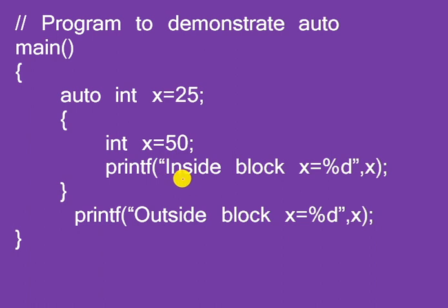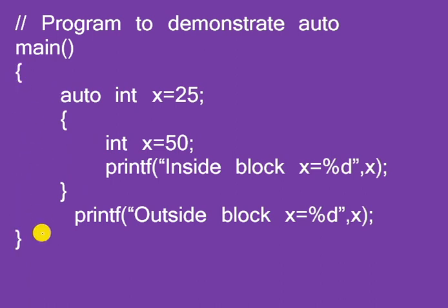This belongs to the auto storage class. If you try to print this x value inside the block, you will get 50 as output. If you print the x value outside the block, you will get 25, because outside the block that inner x is no more available. Its scope and lifetime are only within the block. This x is available only within this block, after these braces and before these braces.